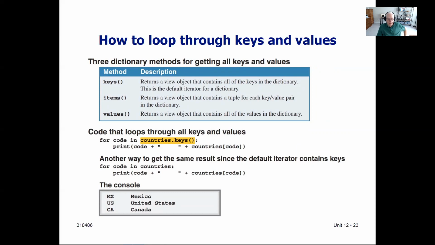We can also use the items method, which is different. The items method will return a view object that contains a tuple for each key value pair in the dictionary. Now, remember, tuples are a bit restrictive. You can't change tuples. So if you just want to display what's in the dictionary, a tuple may be a good way to do this.